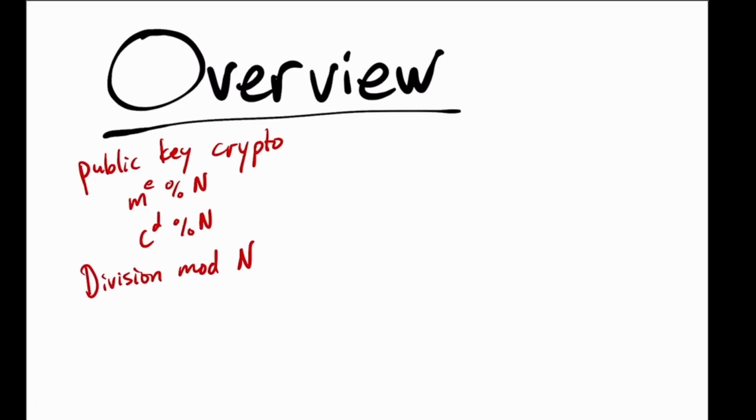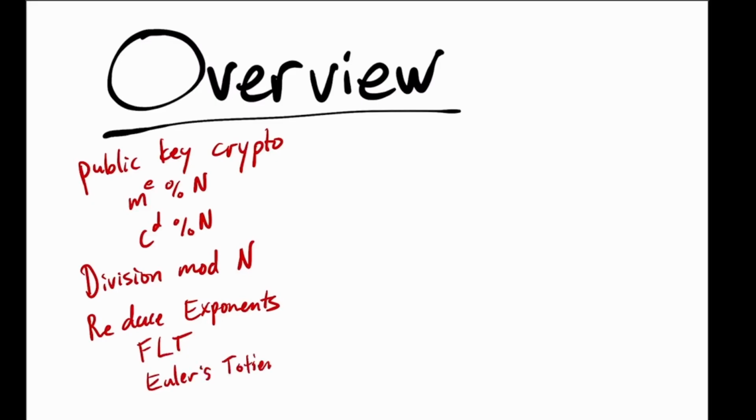And we also looked at reducing exponents mod n. And we have two tools for this. For prime moduli, we had Fermat's little theorem, and more generally, we had Euler's Totient theorem.